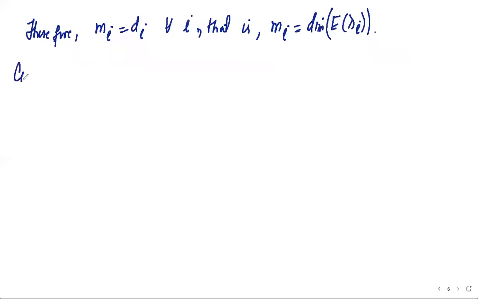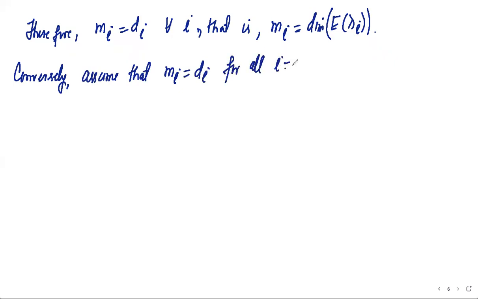Now, conversely, assume that mi is equal to di for all i from 1 up to k. We have to show that T is a diagonalizable linear operator.